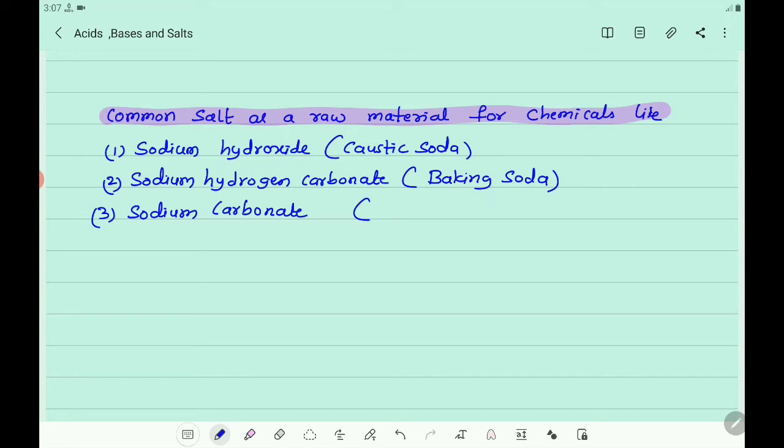Generally it is called washing soda. Then also the next one, calcium oxychloride, which is also called bleaching powder.